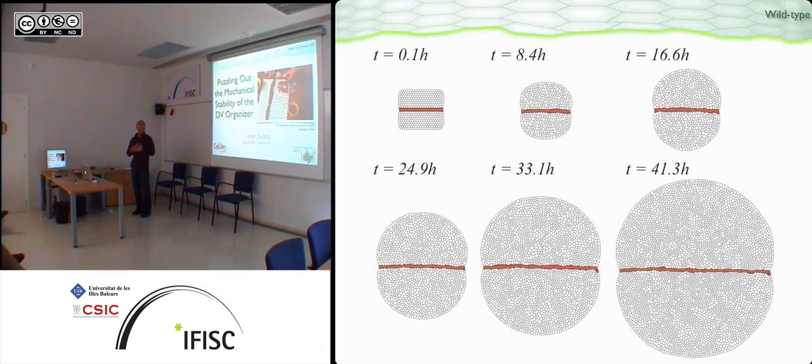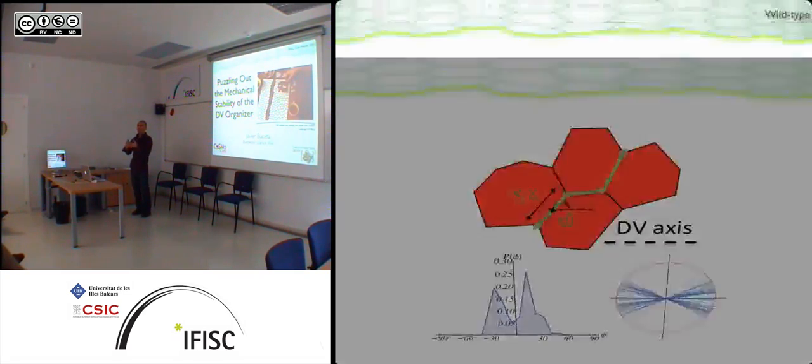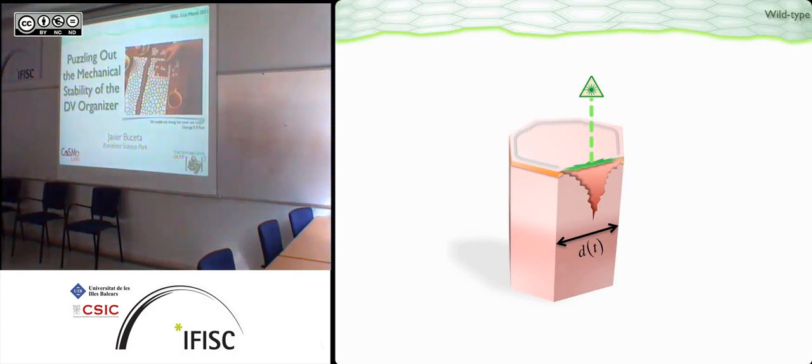Actually, when you have the Drosophila fly, there is some particular group of cells that are called the imaginal disc, and those imaginal discs will create in the future the adult organisms.